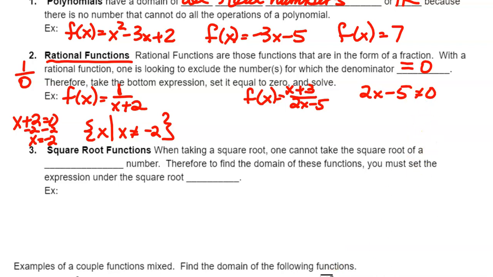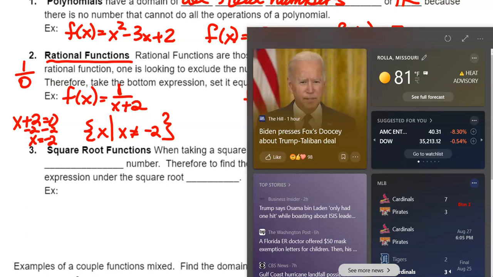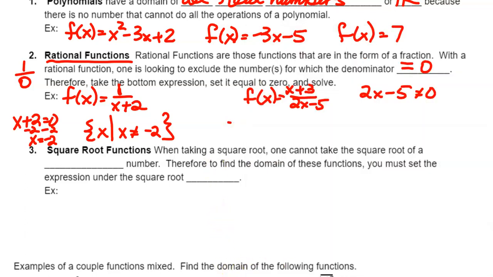I need that 2x minus 5 to not equal 0. Okay, so I can now solve this equation by adding 5. I get 2x is not equal to 5. And then dividing by 2 each time, then we get x cannot equal 5 halves. And that would be your domain.